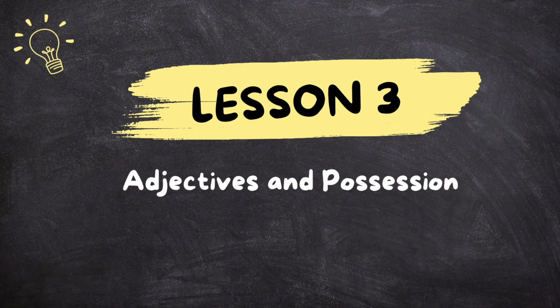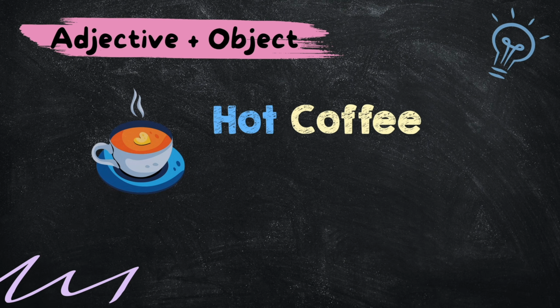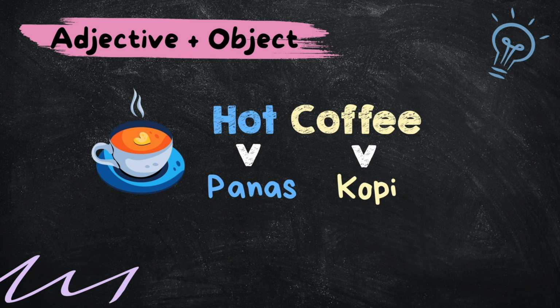Adjective and position. Now let's learn how adjectives work in Indonesian. For example, you want to say hot coffee. Hot is panas. Coffee is kopi. But if you say panas kopi, this structure is wrong.